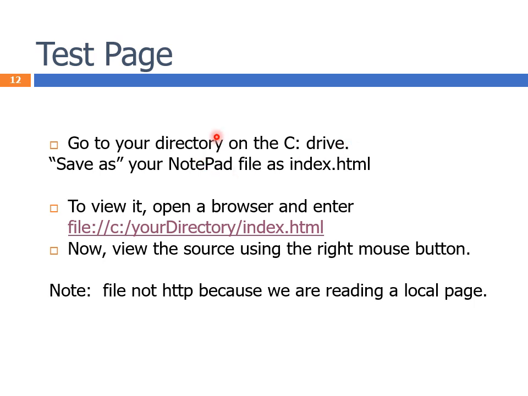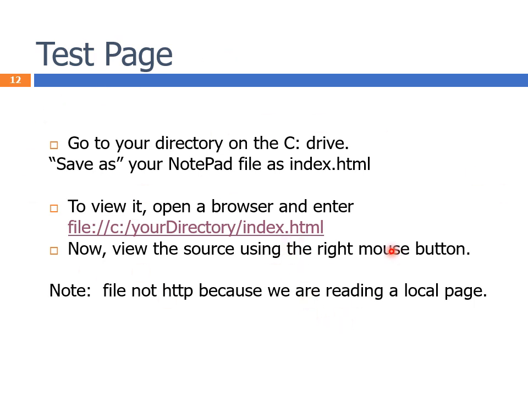So now we are going to start our first page. I want you to create a text file. Right click, create a text file, and save it as index.html. In the future slides, we are going to create our content.